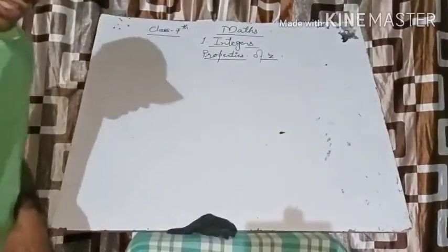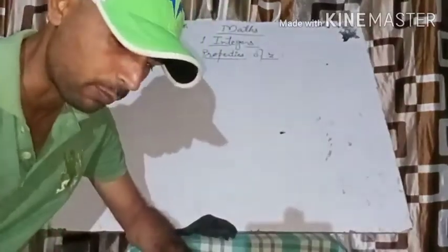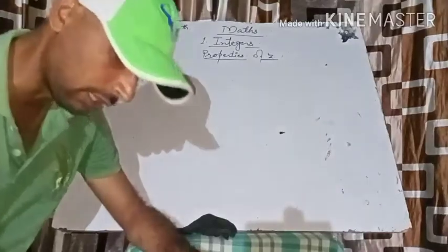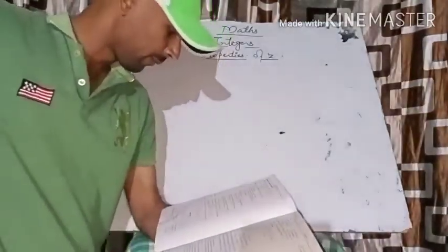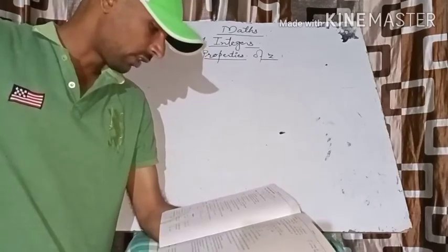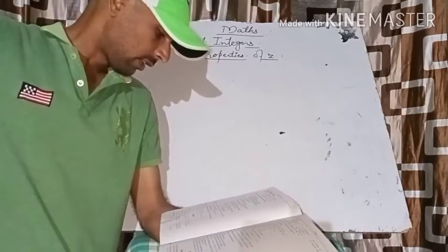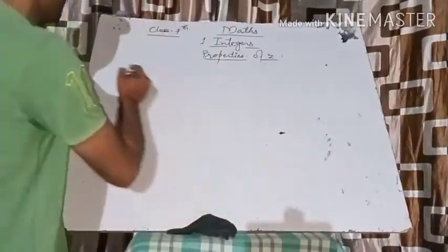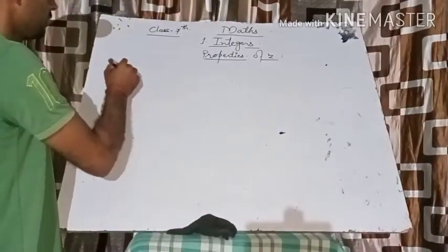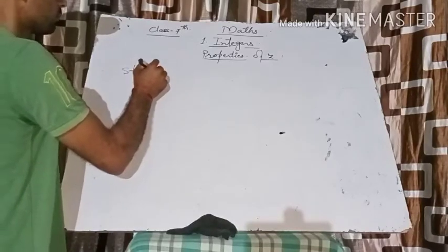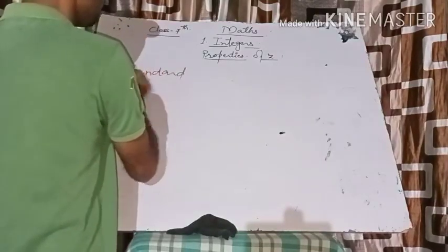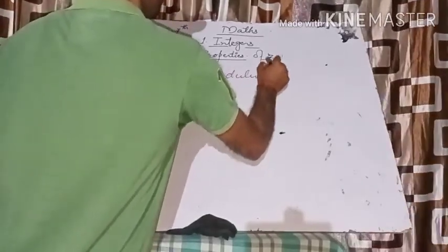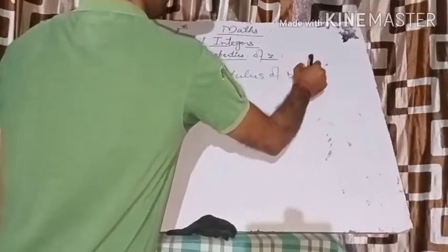Now let's start the first exercise, that is 1a. In your first exercise there are questions on the sum of integers. The second question is also related to the sum of integers. One most important topic was the modulus or the standard form of an integer.